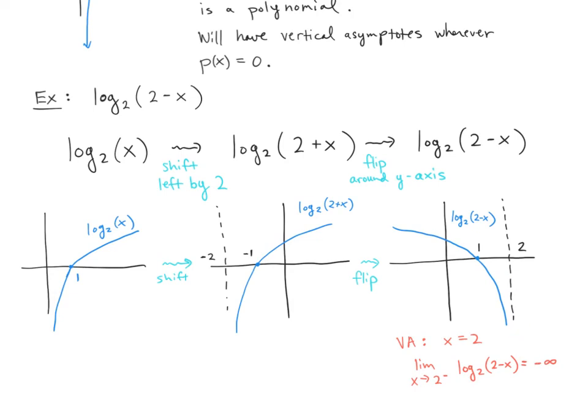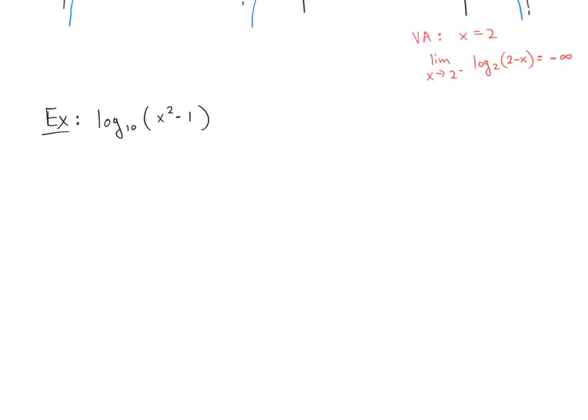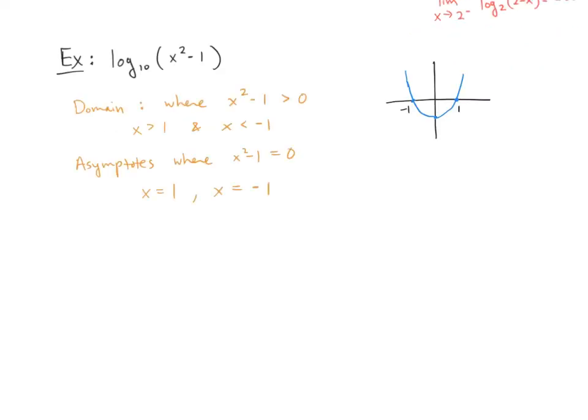So I can illustrate this with a slightly more complicated example. So if we consider log base 10 of x squared minus 1, if we want to know the domain of this function, we just have to know where x squared minus 1 is greater than 0. So the domain is where x squared minus 1 is greater than 0, and from a simple graph of x squared minus 1, we see that's where x is bigger than 1, where x is less than negative 1.